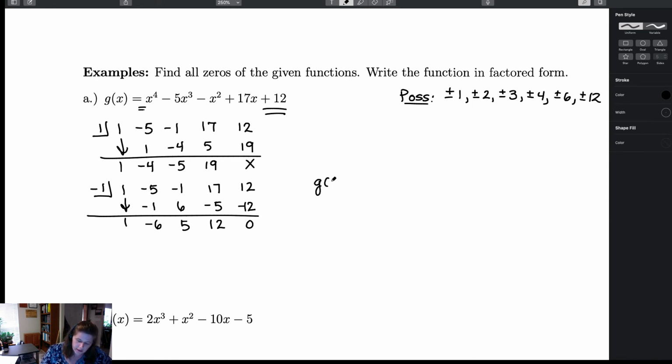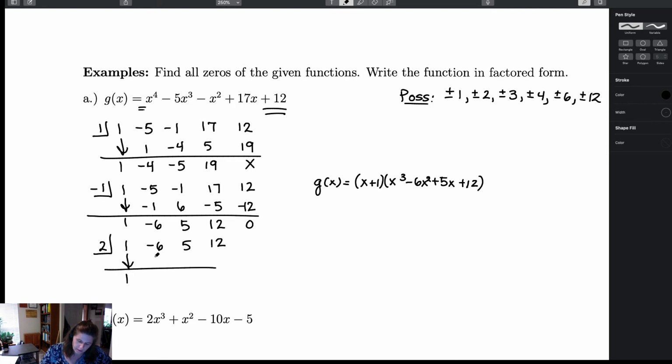So far g of x is equal to x plus 1 times x cubed minus 6x squared plus 5x plus 12. Now, if I had reduced my 12 here, then all of the rest of them would have been factors of that reduced number. I haven't reduced that 12, so I'm going to move on to the next number here and try 2. So 1, -6, 5, and 12.